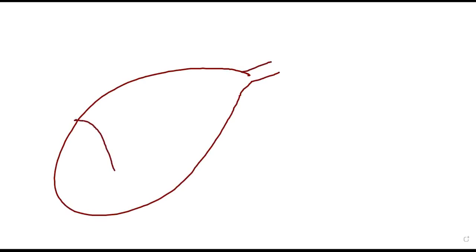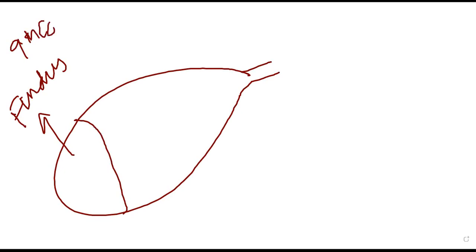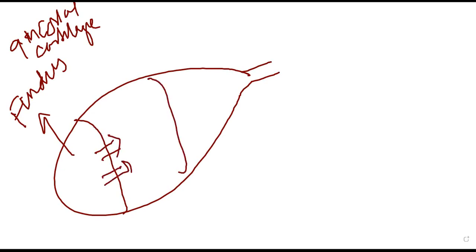So the first part of the gallbladder is the fundus. And the fundus is present at the level of the 9th costal cartilage. This was the fundus. Medial to the fundus, the body of the gallbladder is present.